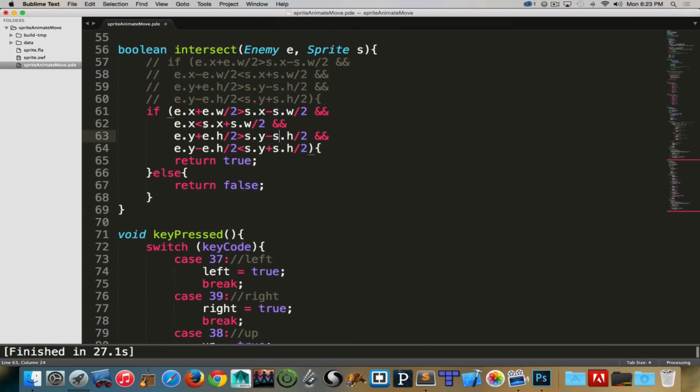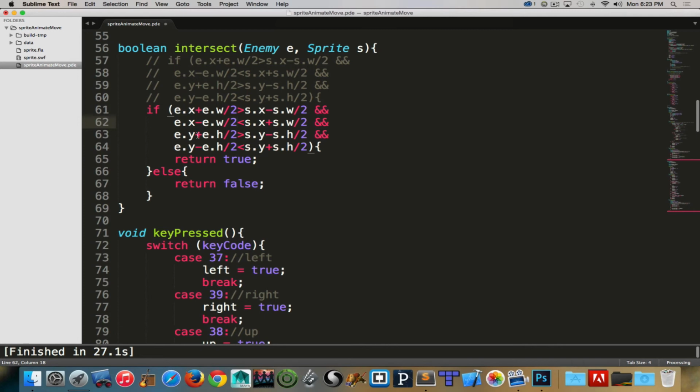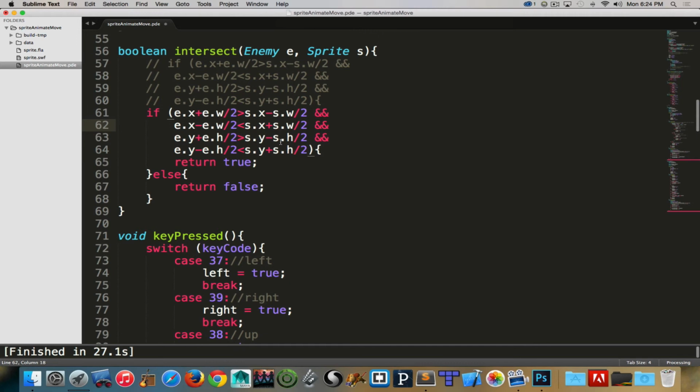And SX, and then E.x can be minus E.width divided by 2. All right, let's see. E.x minus its width, so let's see, plus, minus, plus, minus, minus, plus, minus, plus. These are all S's, these are all E's, WWHH, WWHH, okay.